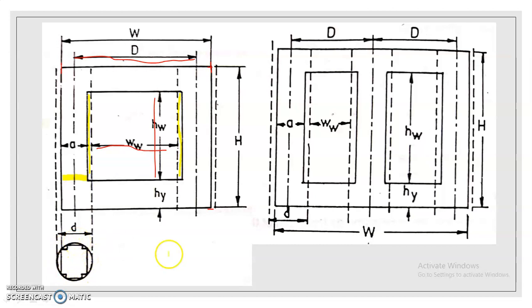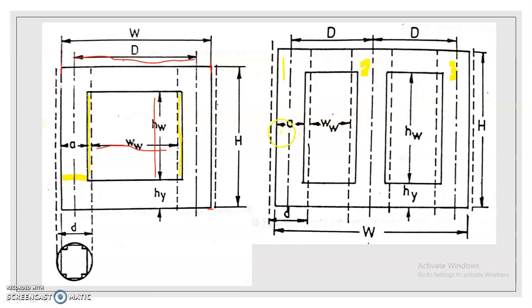Similarly, for the three phase core type transformer, all the dimensions are defined here with the capital D. In the three phase core type transformer, this is the first limb, second one, and this is the third one. These three limbs are of the same width.